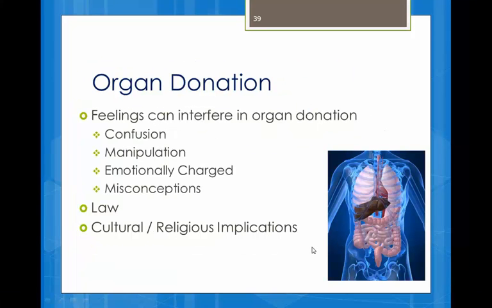So one thing we do know about organ donation is that something can interfere with it. It's not the individual who's actually donating, but it's obviously the family. So sometimes there's confusion, sometimes maybe manipulation, emotionally charged. Obviously they're very distraught. Sometimes there are misconceptions that maybe an individual will be disfigured because of the organ donation.